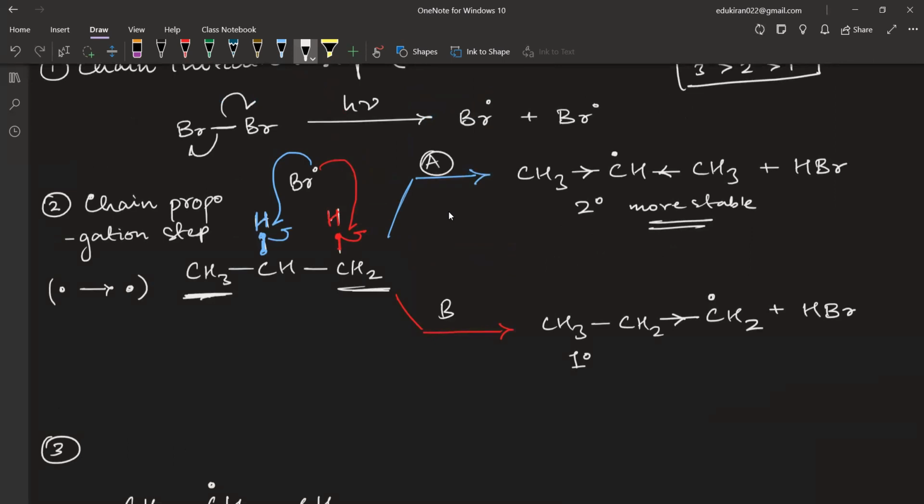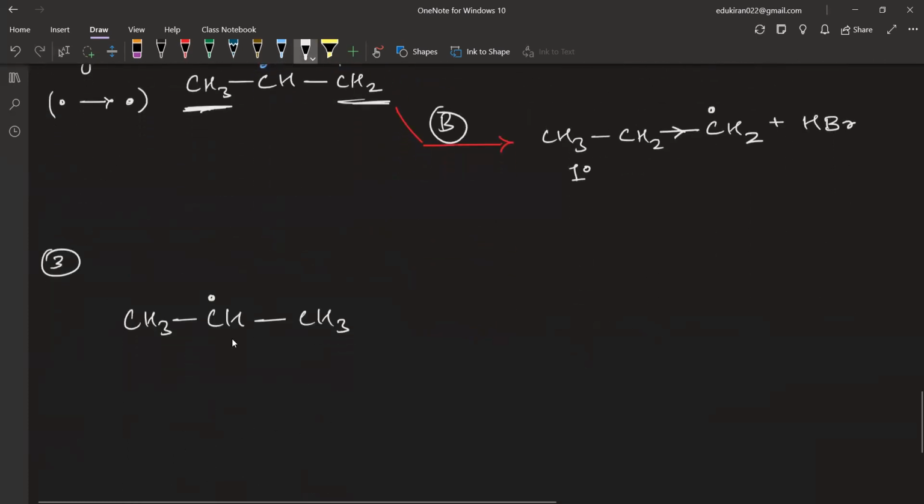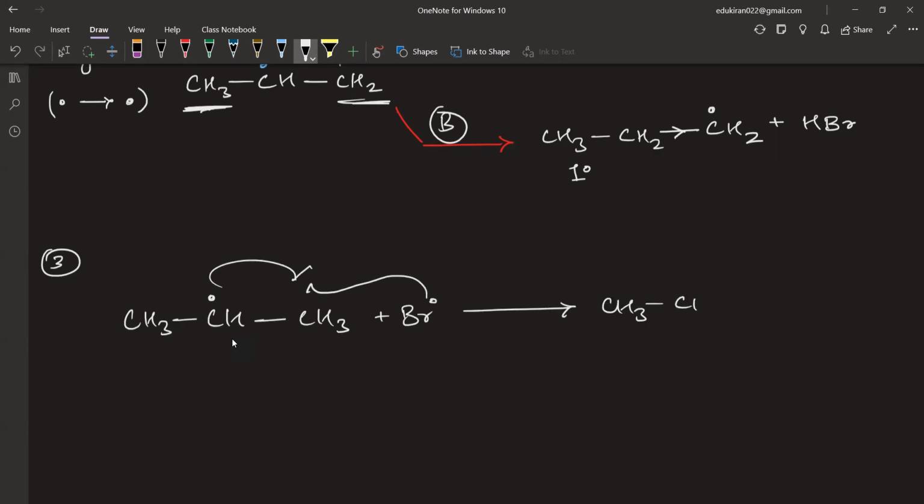Right, A and B. If A is more stable, product A will be formed in a very large amount, and that is why it will further move towards the reaction and react with the Br free radical, and both of them will react with each other, making CH3, CH, Br, CH3. Okay, so if you have a monohaloalkane, then this will be the major product. This is going to be your major product.